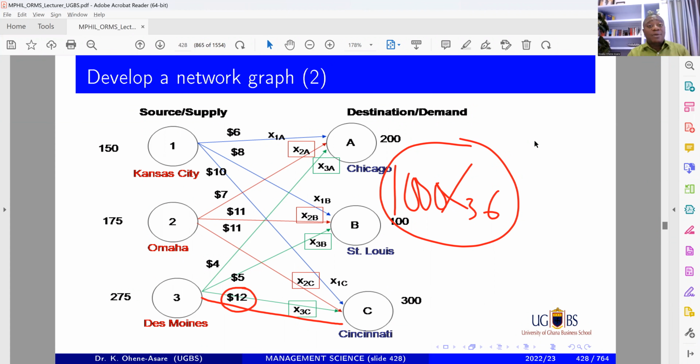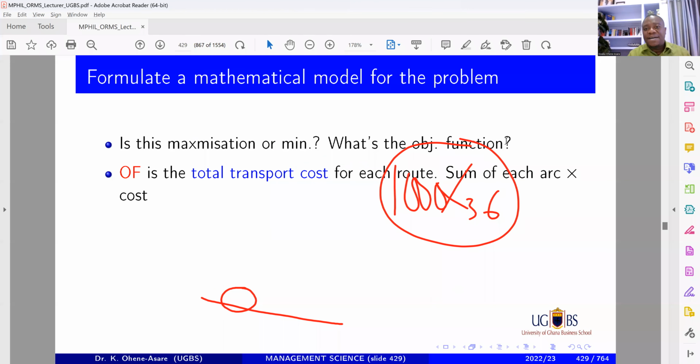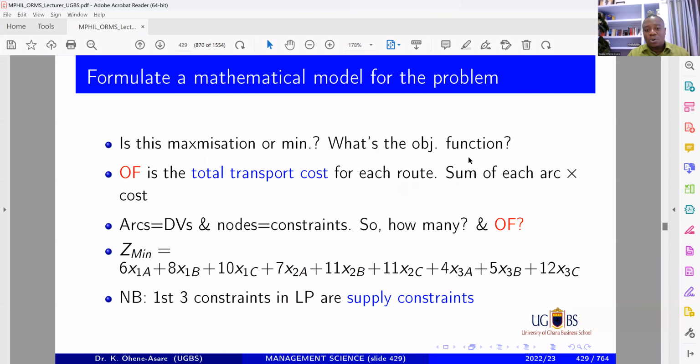Or the next option, by the way, guys, let me give you the easier option. The easier option is that you don't even include that route in your model. Exclude it from the entire model. So when you are writing the objective function, that X36 will not even be included at all. If you look at this objective function, this one will not be included at all.